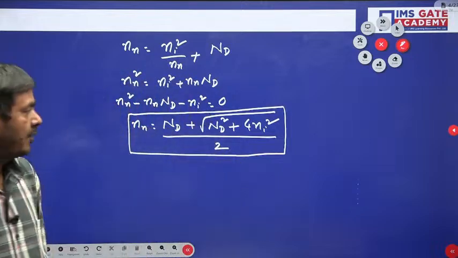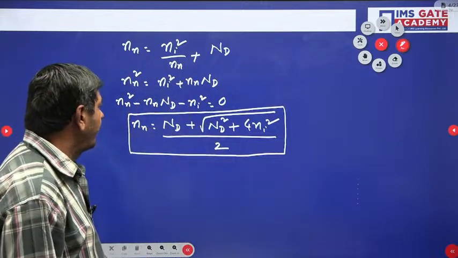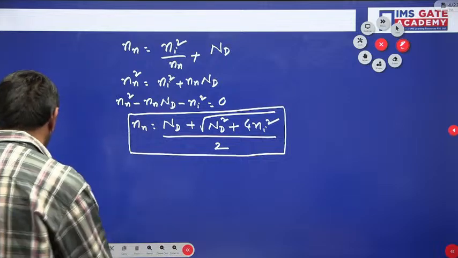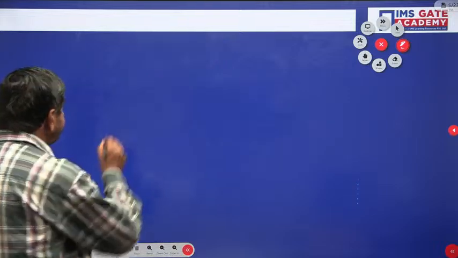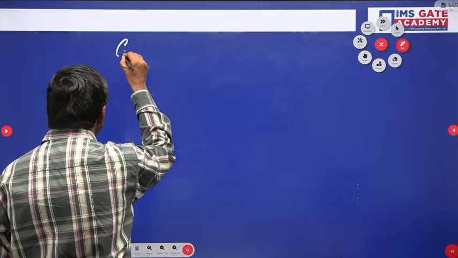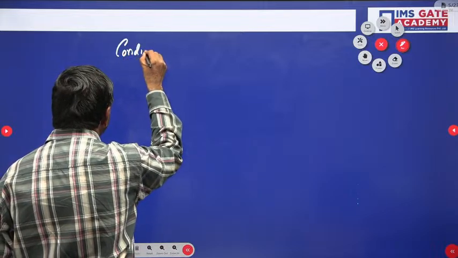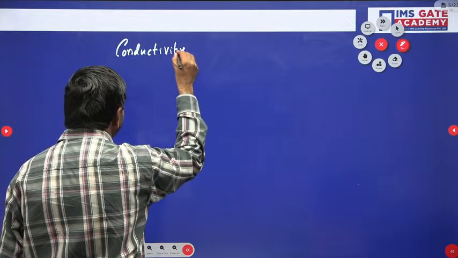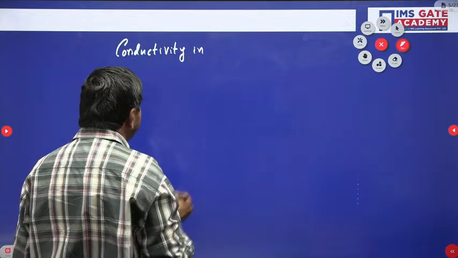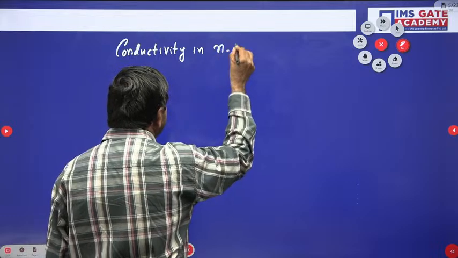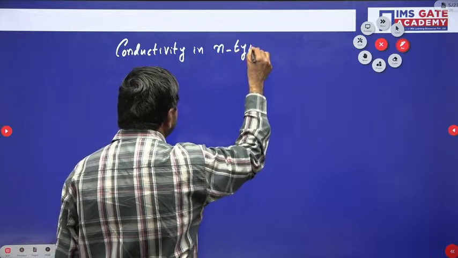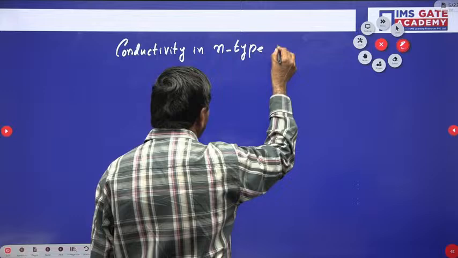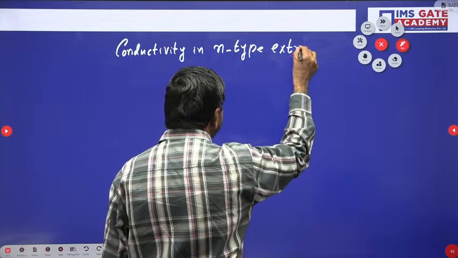But suppose you want to find out the conductivity, how can we find it? The next one we can see: conductivity in an n-type extrinsic semiconductor.